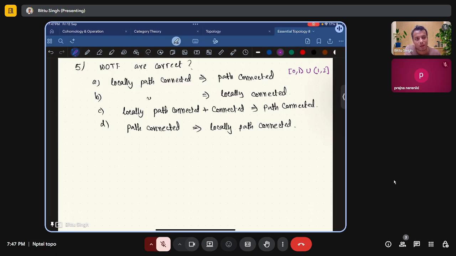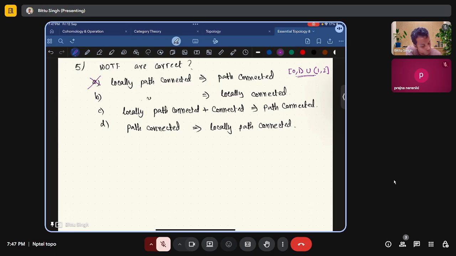Whatever neighborhood you choose around that point, you can always get a connected neighborhood in that neighborhood. So locally path connected is clear, but this is not path connected. This is also clear, because this is not even connected. Path connected implies connected. So this is the counterexample.